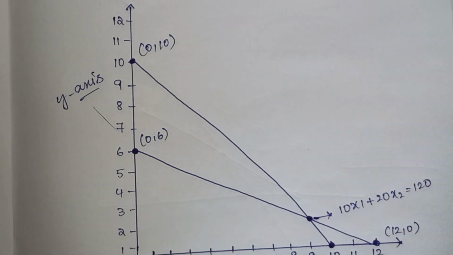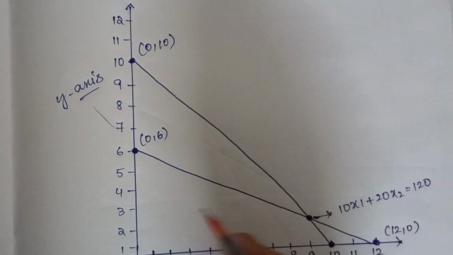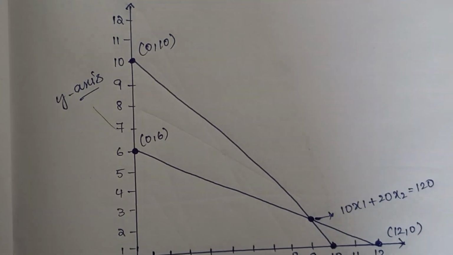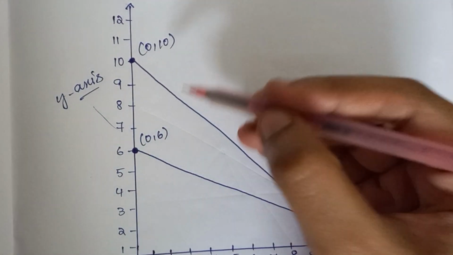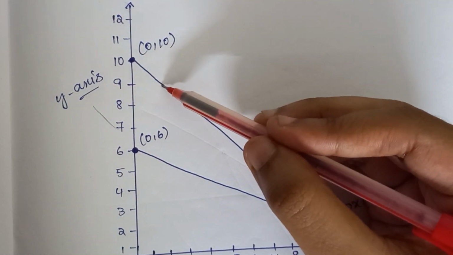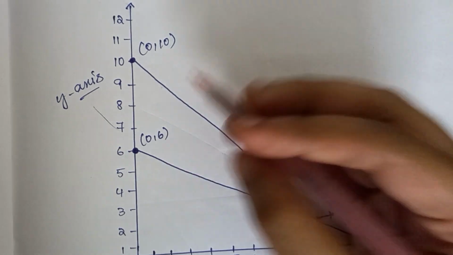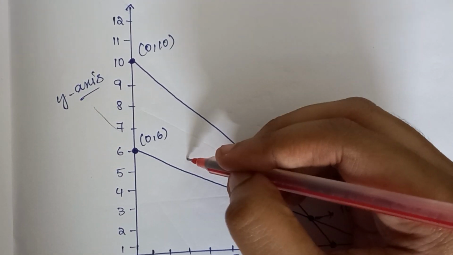So what is a feasible region? The region that satisfies all the constraints is called a feasible region. So maximization problem lo a feasible region lies below the constraints, below both of the constraints. Any constraints unte anni constraints ki below untundi. If we consider this region, the feasible region is below this constraint but it is above this constraint, so this part is not valid.